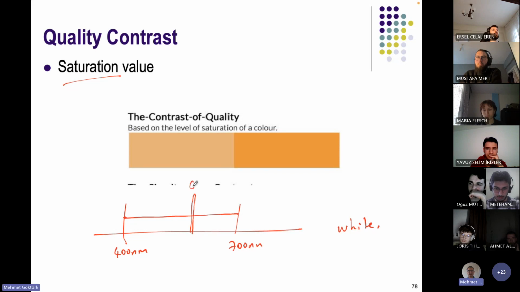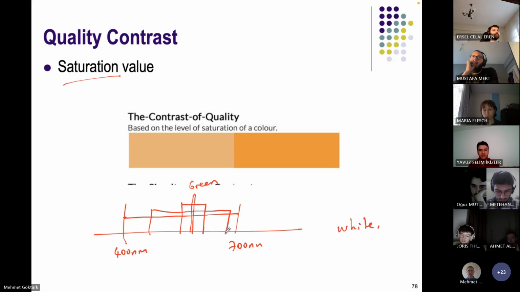what color is it? Green. Right? How about this? It is also green, but a different green. This is also greenish.